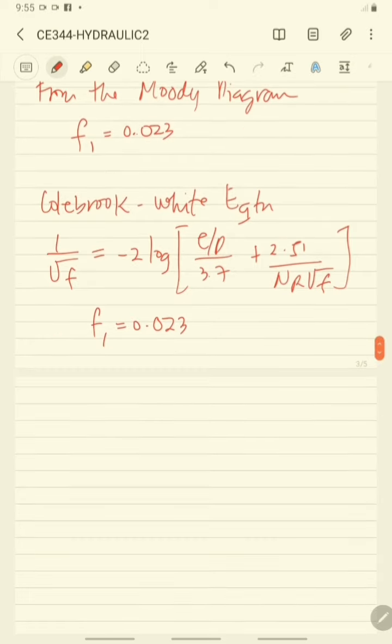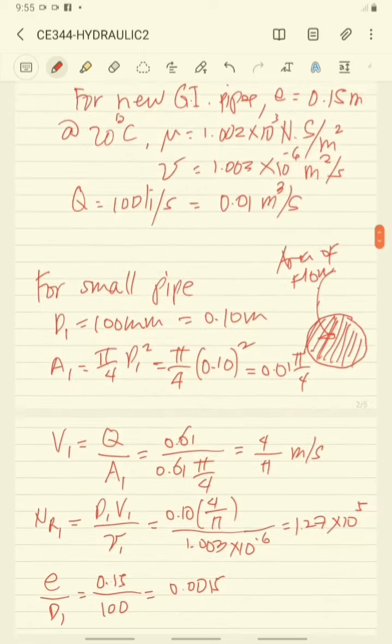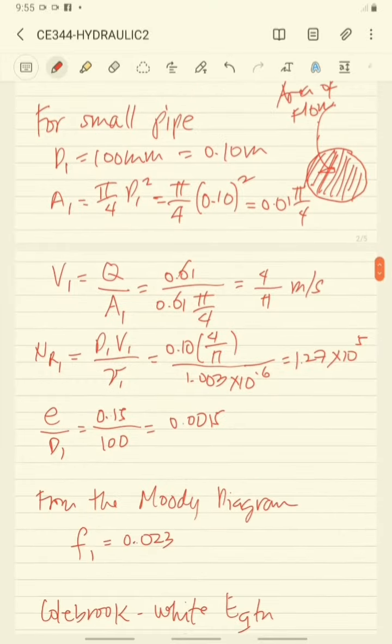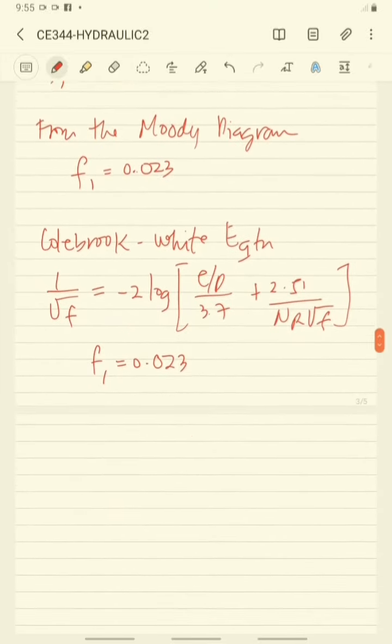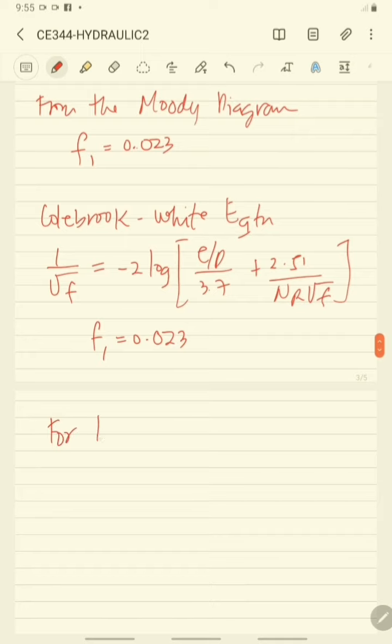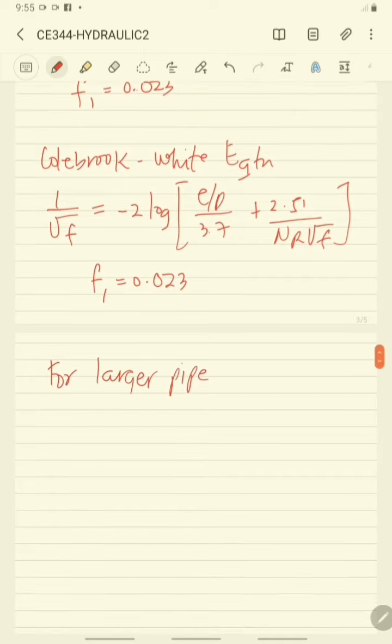Okay. Next, we also have to get the Reynolds number and the friction factor for the larger pipe. So for the larger pipe, D2 is equal to 150 mm, which is 0.15 meters.